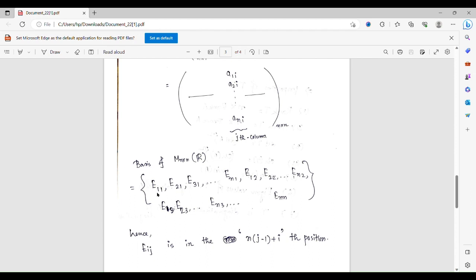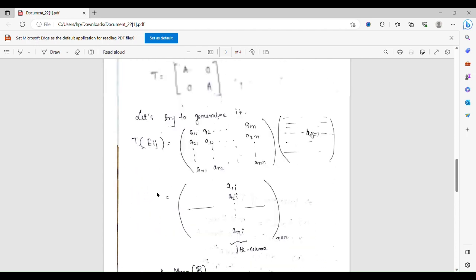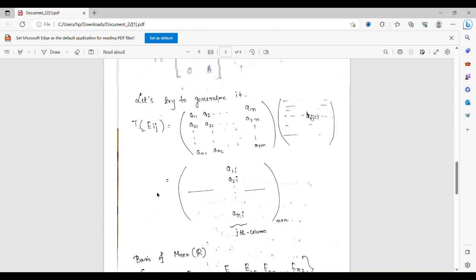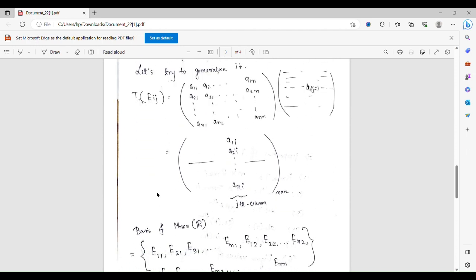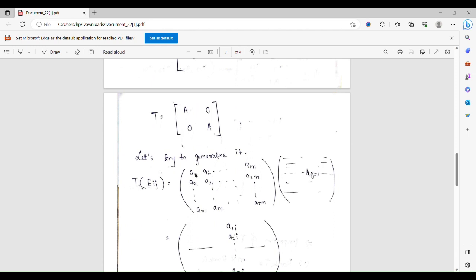So why do we take it in this way? This is also interesting, we'll see it. Now our order is basically in this way. If I observe the indices, I first take 11, then 21, dot dot dot, then n1, then again take 12, 22, dot dot dot, n2, and similarly so on. And in the last column I take 1n, 2n, dot dot dot, nn.